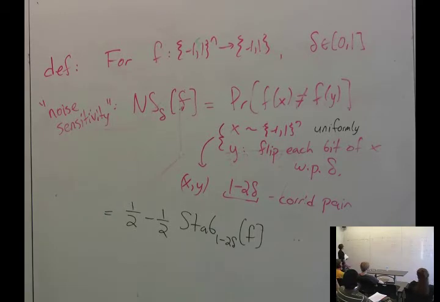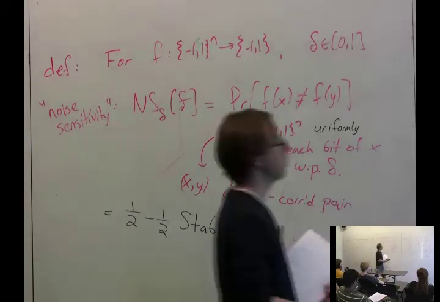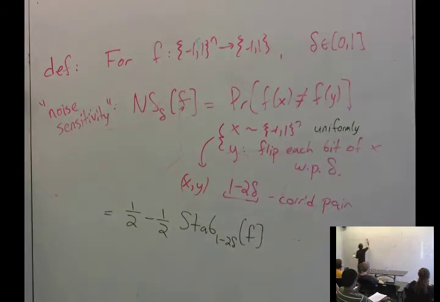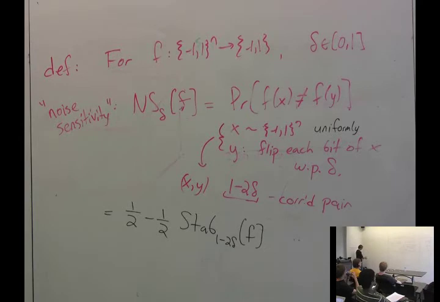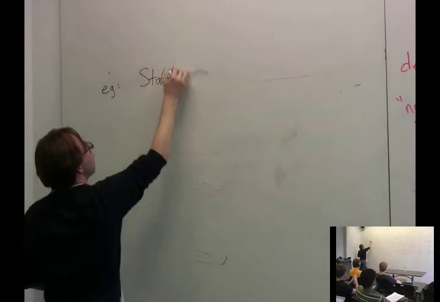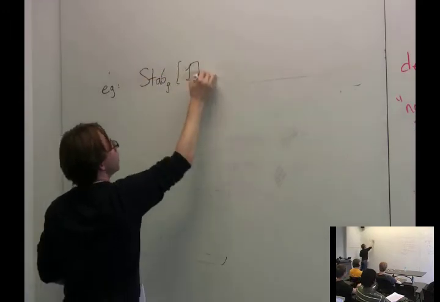OK, good. So let us do a couple of examples just to make sure we got it. I'll erase this one, I guess. OK, so what's the noise stability at rho of the constantly 1 function?